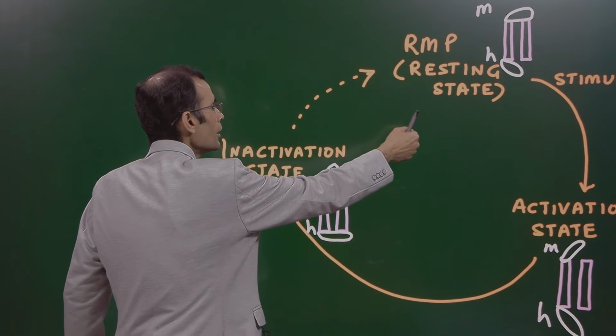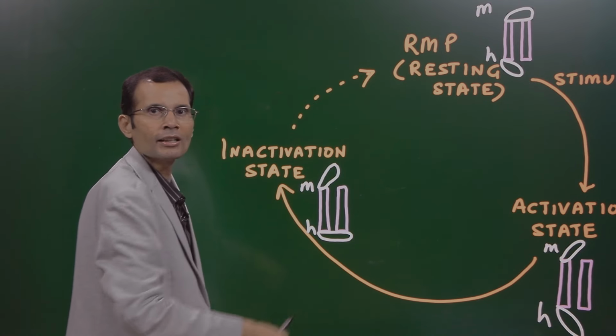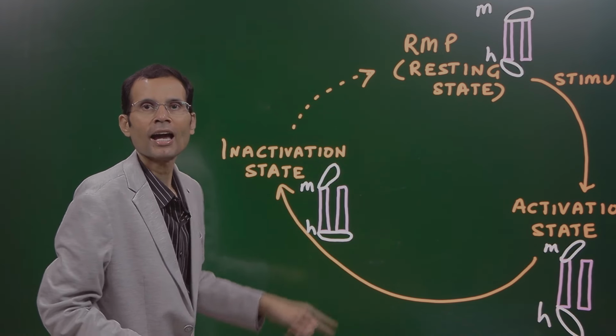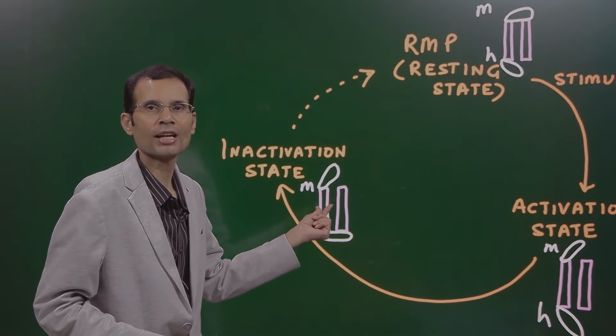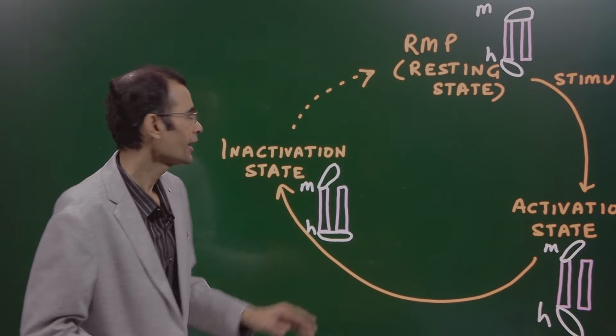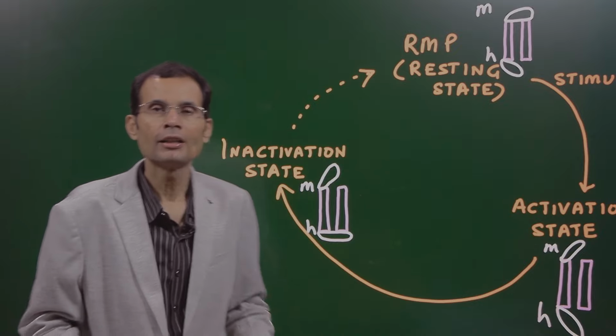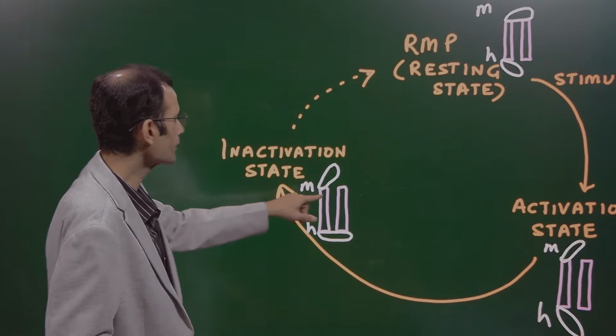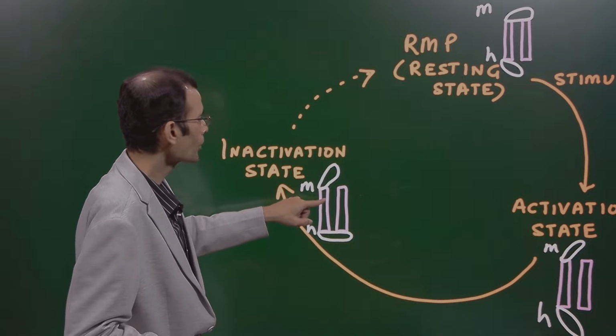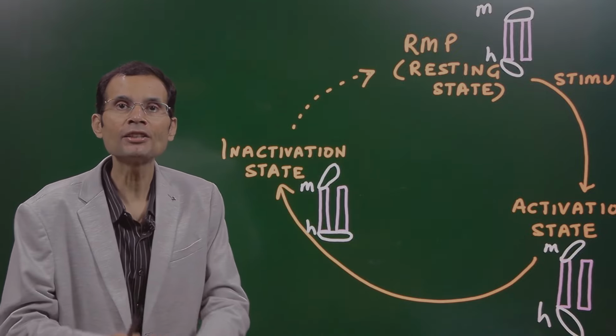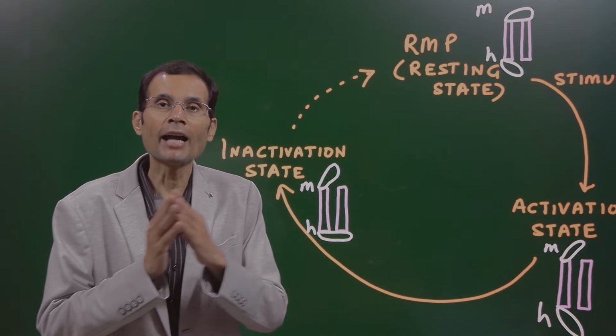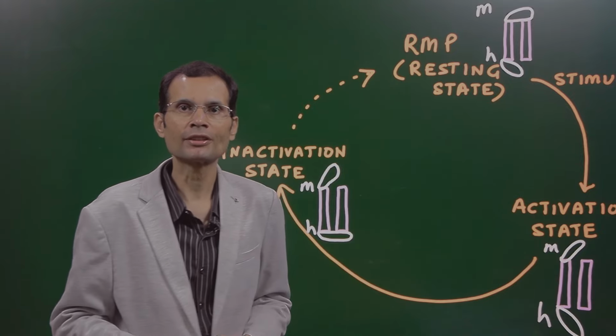So lignocaine will come near the channel, enter the channel, and block the pore of this channel. At what stage? At the inactivation state. Now lignocaine binds preferably in this state. It binds to the inactivation state and prolongs that inactivation state.